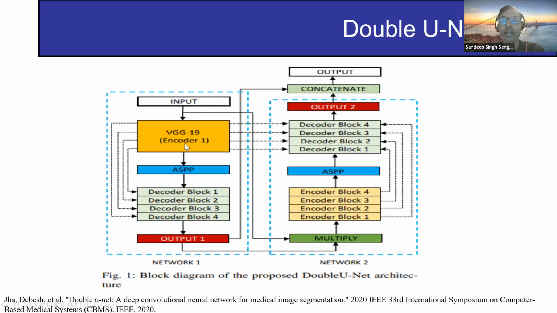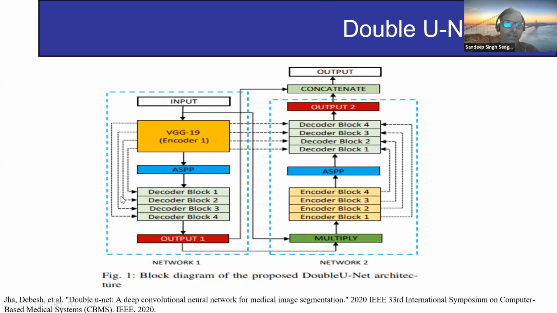Because he would like to reduce the complexity of the model. Using transfer learning, he can directly use the pretrained weights. Now he is using ASPP to extract features from different multi-resolutions. Then he applies the decoder part, because in a U-Net we have an encoder part and a decoder part. The encoder is connected to the decoder with the help of skip connections.